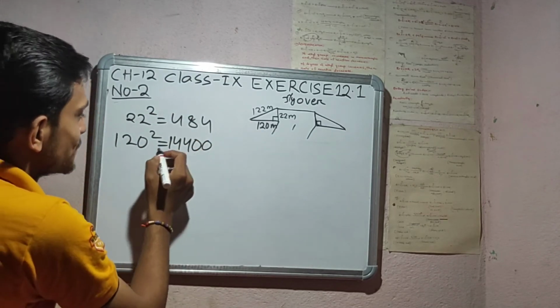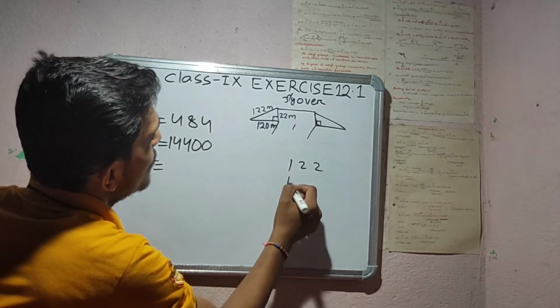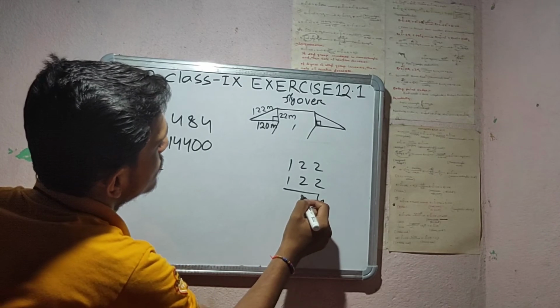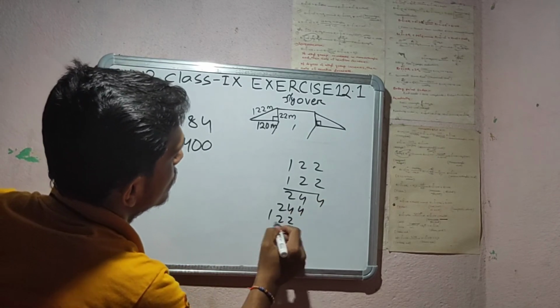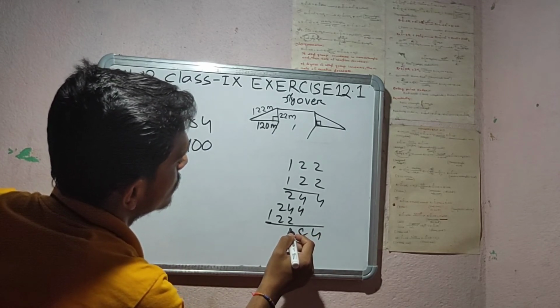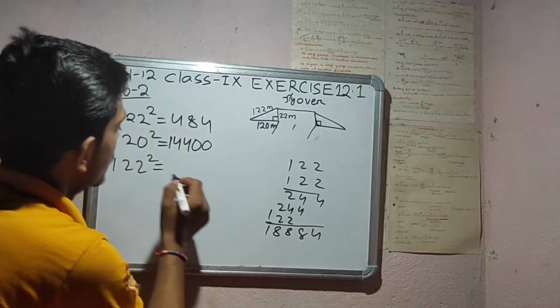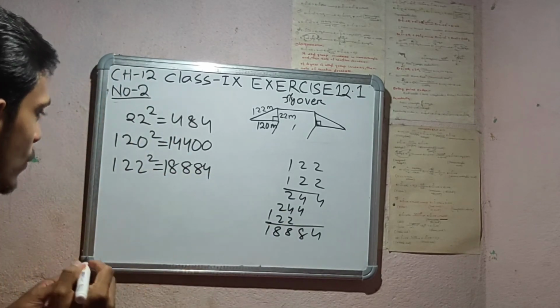14400. Then 122 square is, that is how much? 14884. Okay.